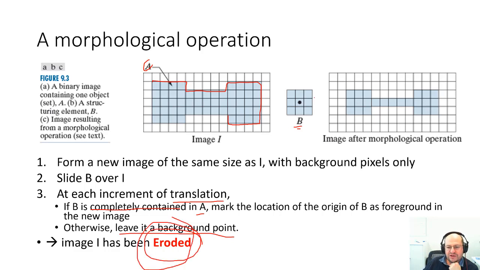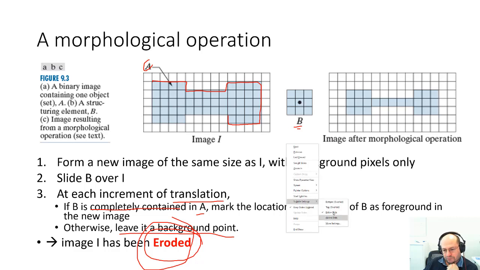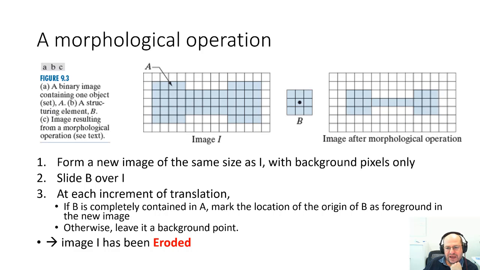Erosion. So what's happening here is the following. I take this structuring element and pass it over the image. Is the structuring element B totally contained in the foreground image? No, because this part is outside, this part is outside, this part is outside.